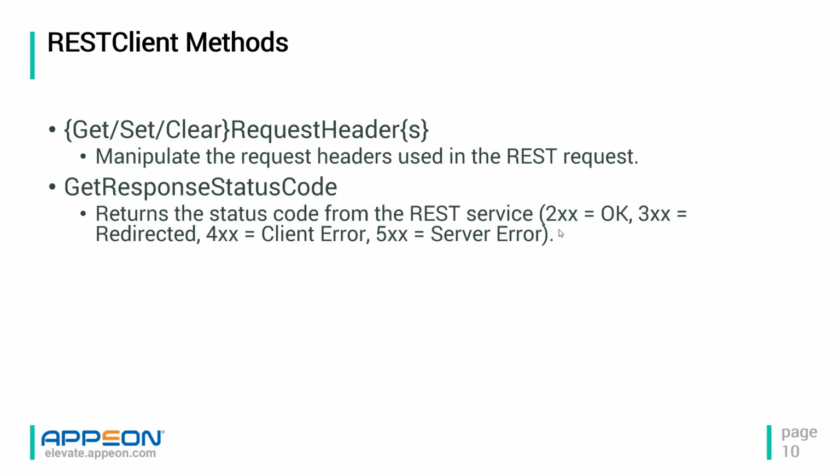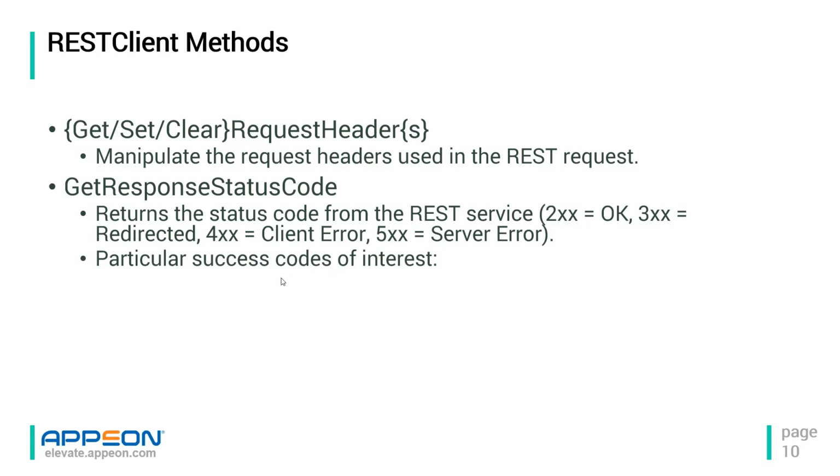Anything in the 300 series means that the call you made got redirected to another URL. Anything in the 400 series indicates that there was a client error, and anything in the 500 series indicates that there was a server error. So the main thing we're interested in is, did we get an answer in the 200 series, or did we get something else?